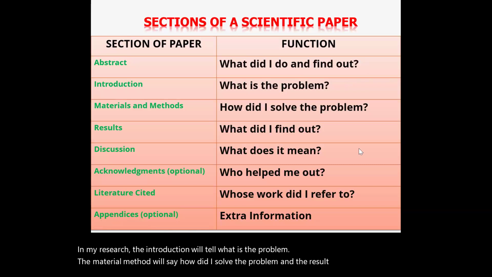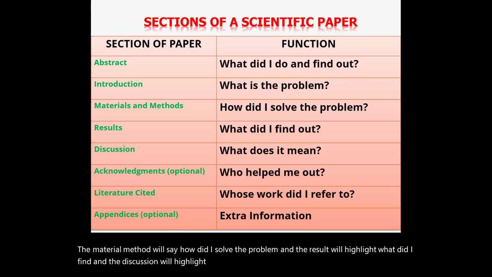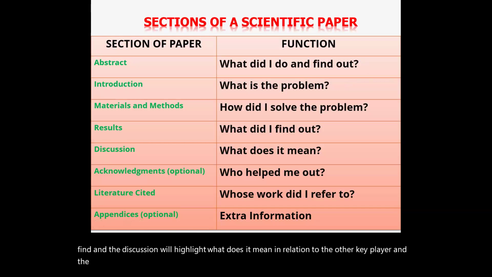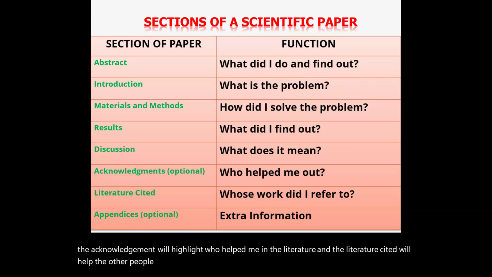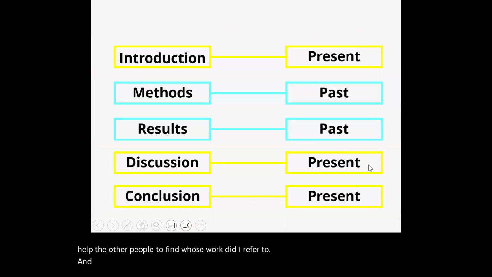And the discussion will highlight what does it mean in relation to the other key player. And the acknowledgement will highlight who helped me in the literature. And the literature cited will help the other people to find whose work did I refer to. And the appendices are the extra information of the research.